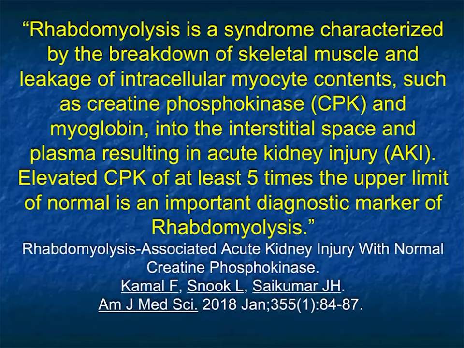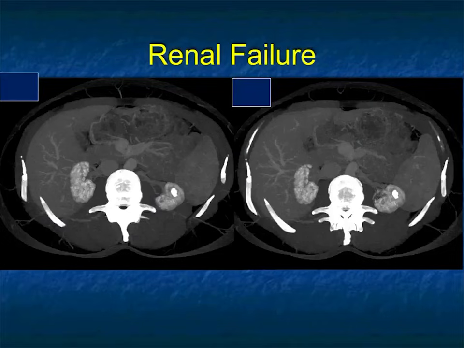Elevated CPK of at least 5 times the upper limit of normal is an important diagnostic marker of rhabdomyolysis. You can also see rhabdomyolysis in a patient who gets lost in the wilderness and they're dehydrated, but it's usually trauma in nature, okay? And so a patient also from burns with a lot of muscle and soft tissue injury, but you can also see it in severe trauma.